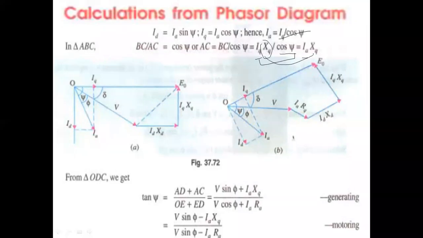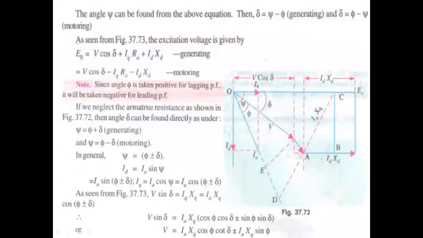So I got cos phi and sin phi. From that I can write tan phi. So tan phi is equal to AD plus AC by OE plus ED, that is, AC plus AD by OE plus OD.